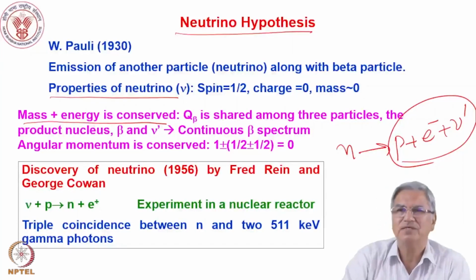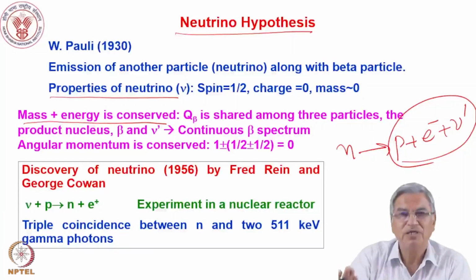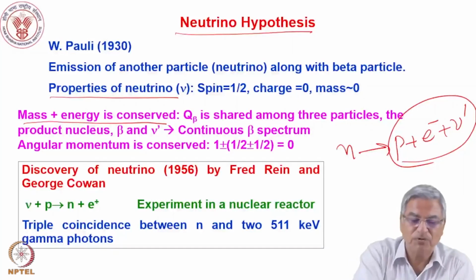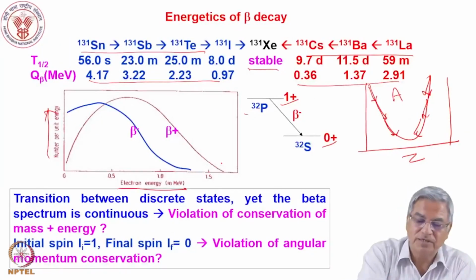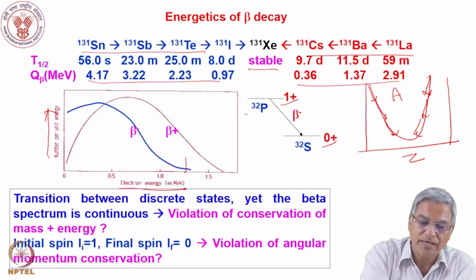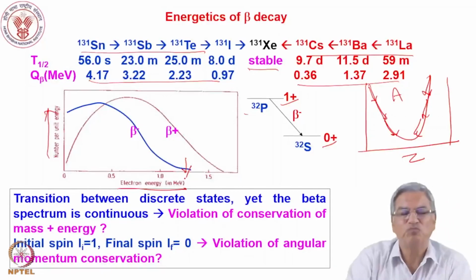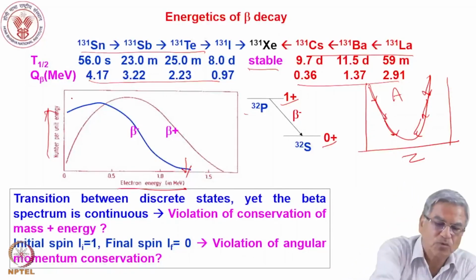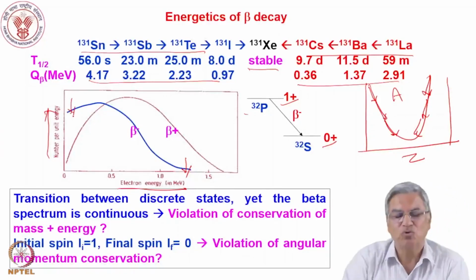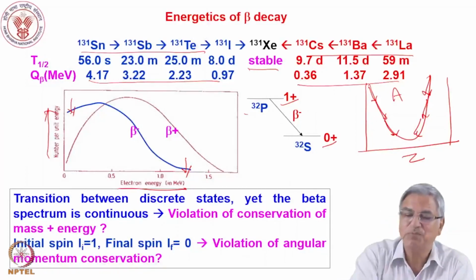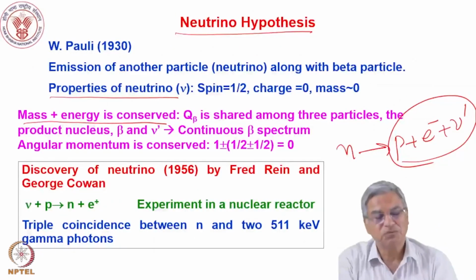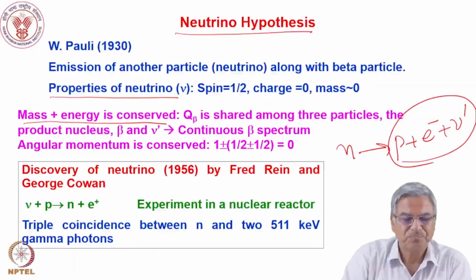Therefore, the energy of the electron and neutrino can vary continuously. When the energy of the electron is very high, the energy of the neutrino will be low. When the energy of the electron is very low, the energy of the neutrino will be high. That is how you can explain the continuous beta spectrum.